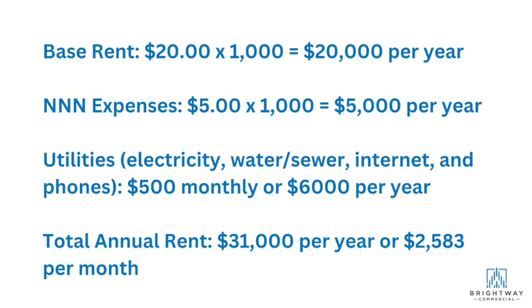The triple net expenses are $5 times 1,000 square feet or $5,000 per year. The utilities of electricity, water and sewer, internet, and phones are $500 monthly or $6,000 yearly. Your total annual rent is $31,000 per year or $2,583 per month.